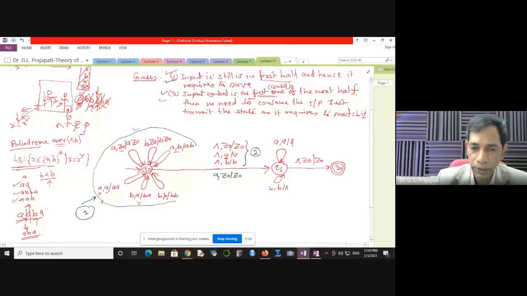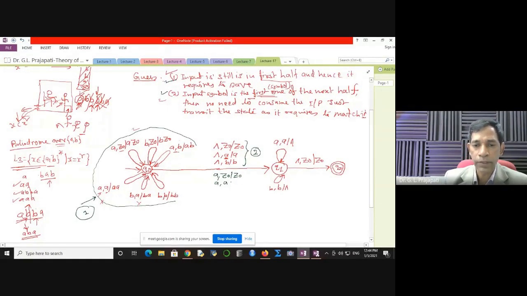It understands that this is in the first half and I don't require to save this input, I just need to read and transit the state, because this is the odd length string and I have to match the next part. Similarly, your input can be A and the top of the stack can be A also.